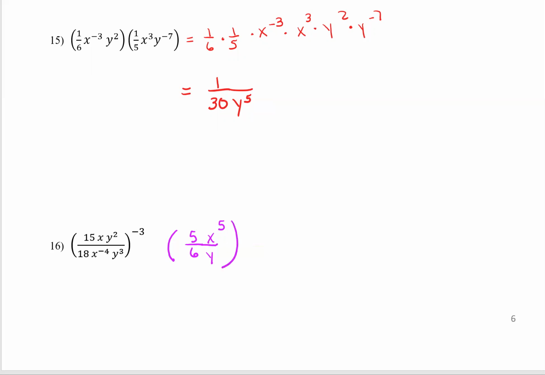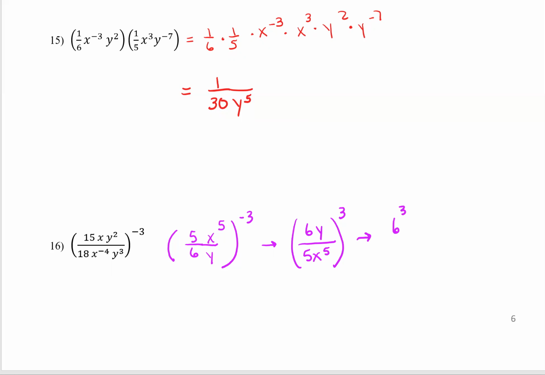So we've simplified inside of the parentheses first. All of this is to the negative 3rd. If I take the reciprocal or flip the fraction, then the power on the outside becomes positive. And then we have a power to a power.